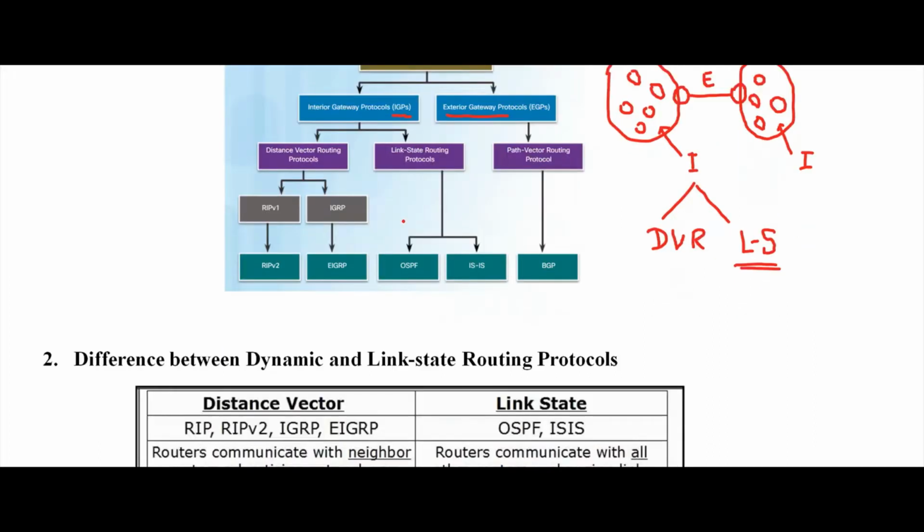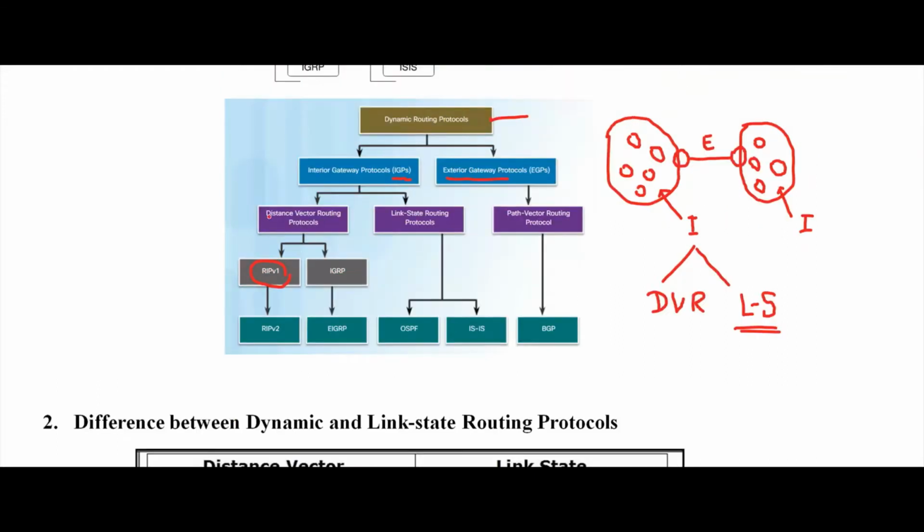Now you can see the examples. These are all example routing protocols. For distance vector routing protocol, the example is RIP. This is what we discussed in the last class. RIP is a distance vector routing protocol, an interior gateway routing protocol, and a dynamic routing protocol.